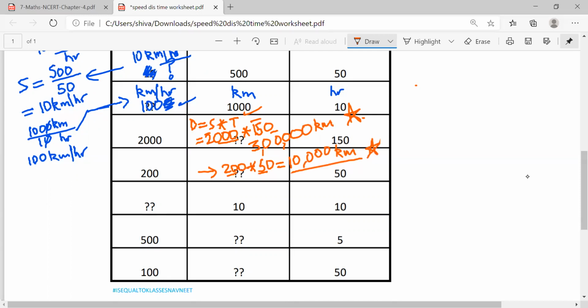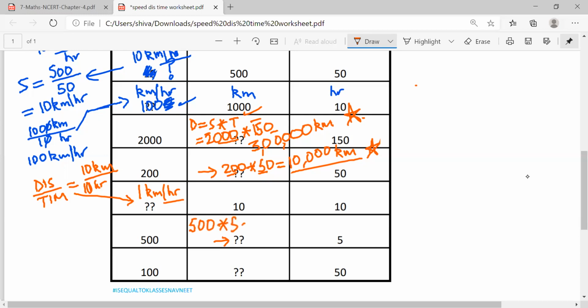Nice. What would be the speed here? 1 kilometer per hour. Shabash. Distance upon time. Distance is 10 kilometers. Time is, I'm sorry, 10 hours. So the speed would be 1 kilometer per hour. Very nice. What about this? What is the distance here? 2,500 kilometers. Okay. Speed into time.